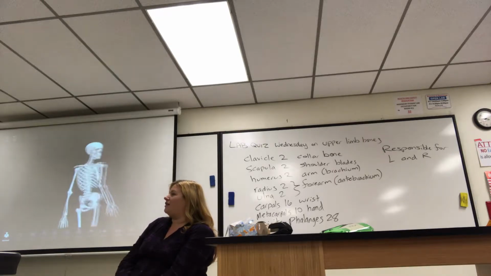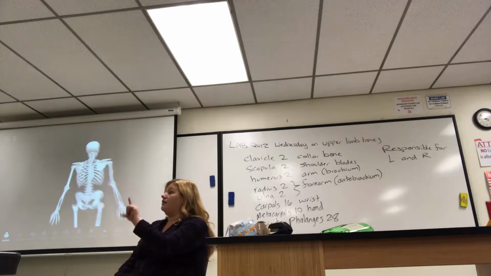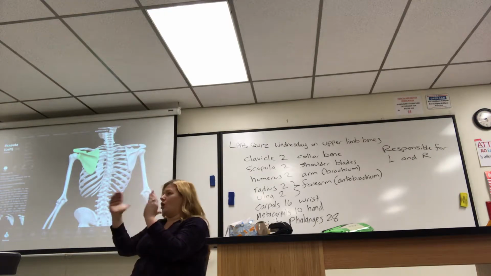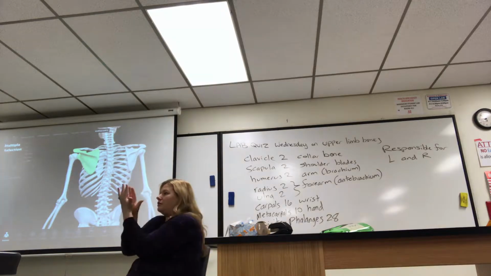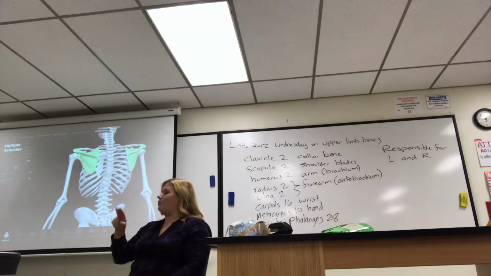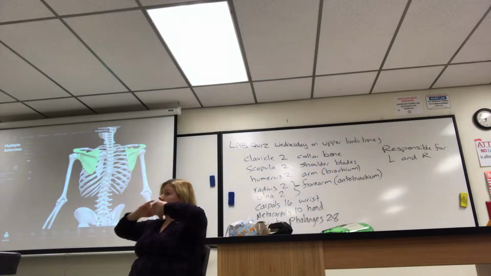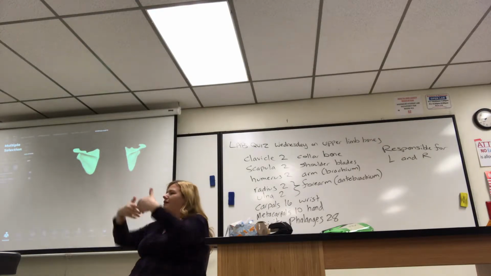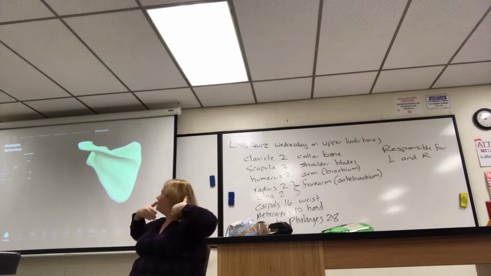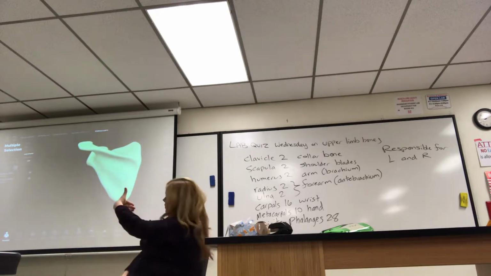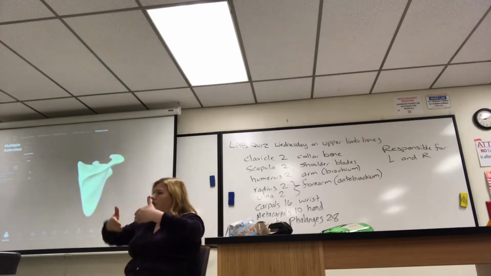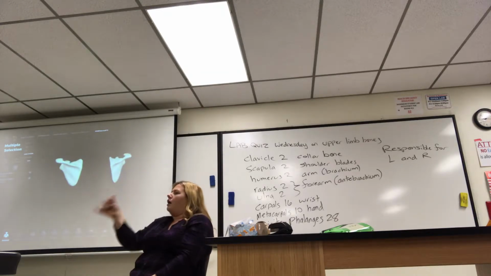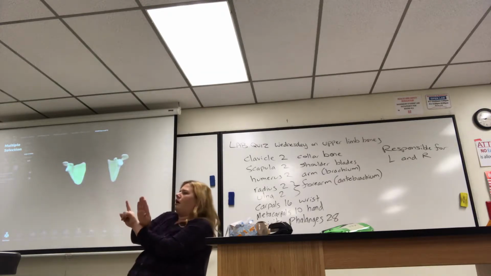For example, if I highlight the scapula, the one on the left side and the one on the right side, to hide the others, I mean, could you tell which one that is versus that one? They're mirror images of each other. They're the same, but a mirror image of each other.